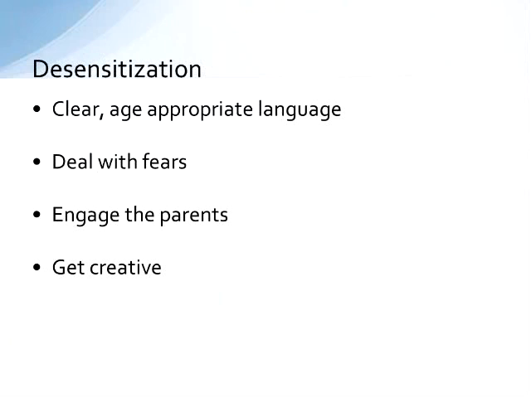I wouldn't use big words with a 2-year-old. I might just tell them that this mask is going to help them breathe better, and deal with their fears around that. They can still talk. They can still eat. If they get older, those are questions they might ask. Engage the parents. If the parents can help you apply the mask, sometimes that's less frightening to a child. And being creative is really, really important.